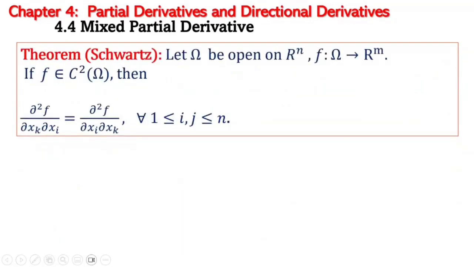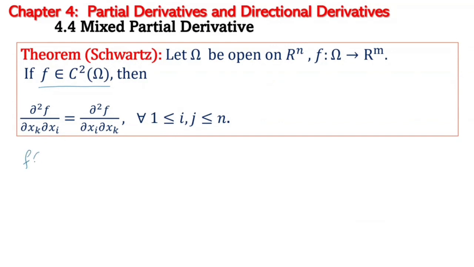Now if f belongs to C infinity, that is, if the function is C infinity, then the second order partial derivatives with respect to two variables are equal.